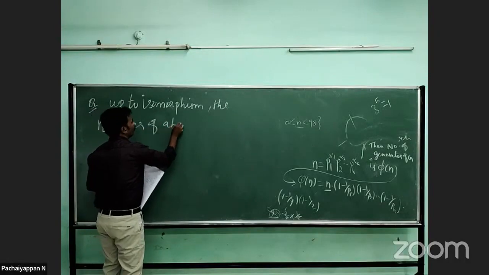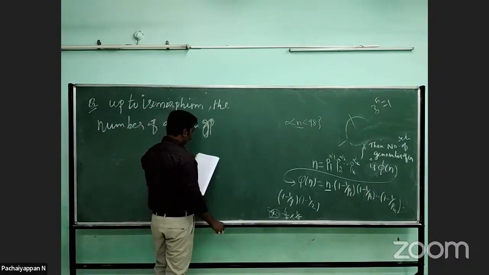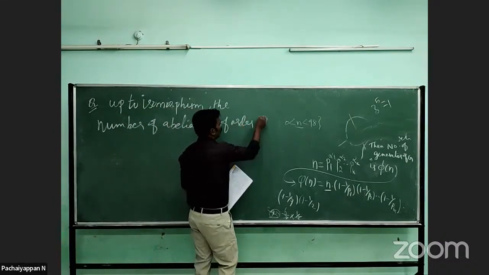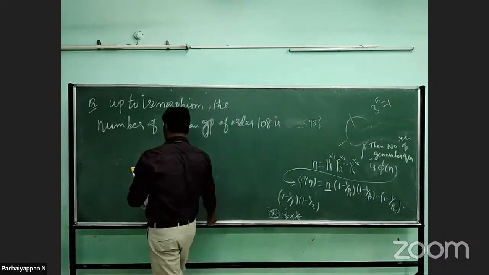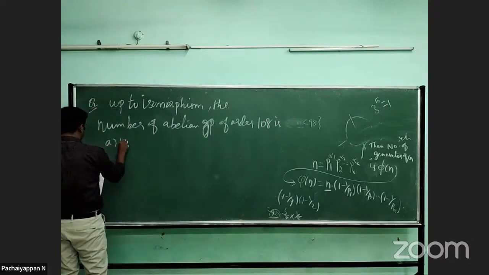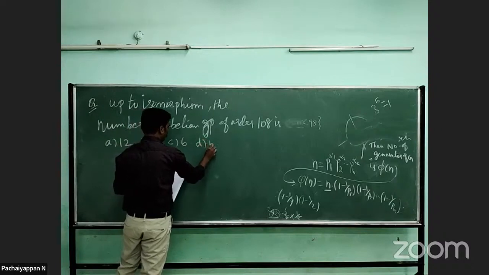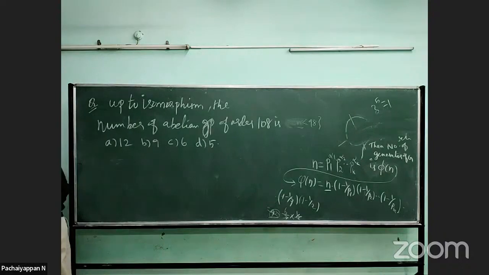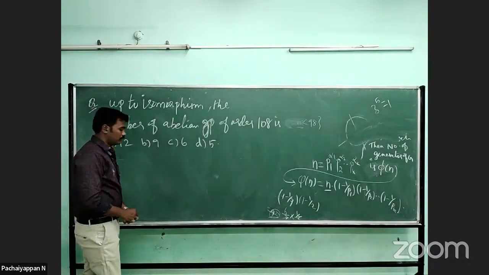Up to isomorphism, the number of abelian groups of order 108 is what? Is it 12, 9, 6, 5? What is the answer?